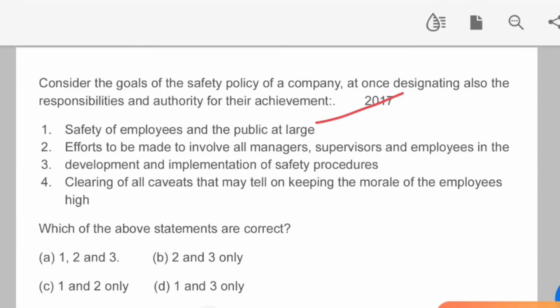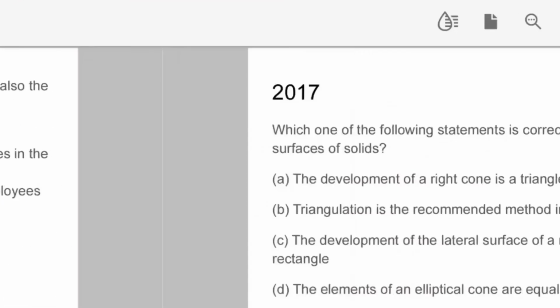Efforts to be made to involve all managers, supervisors and employees in the development and implementation of safety. Third option is clearing of all the cavities that may tell on keeping the morale of the employees high. So all the options are correct, hence option A is correct.